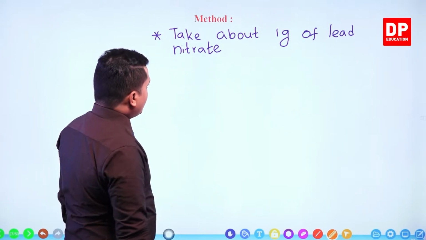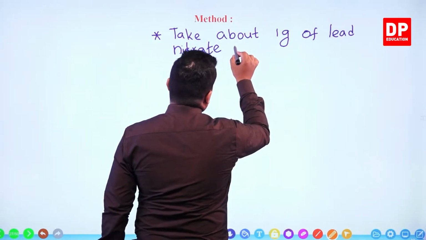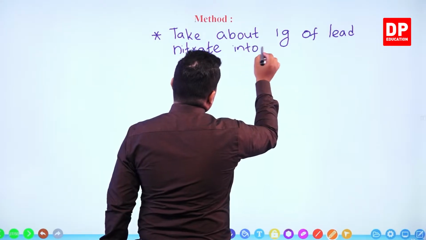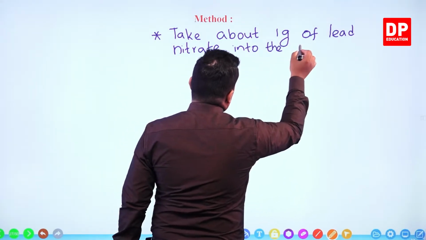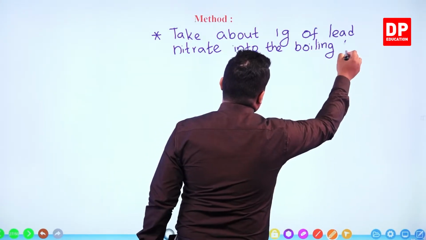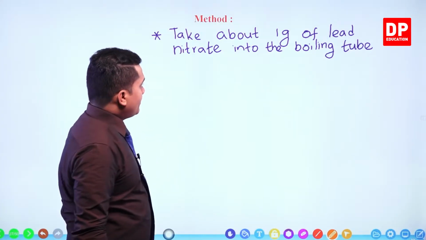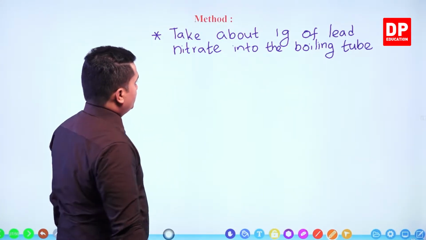Take about 1 gram of lead nitrate into the boiling tube.